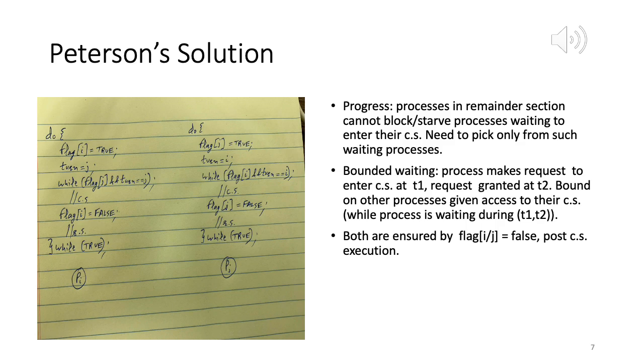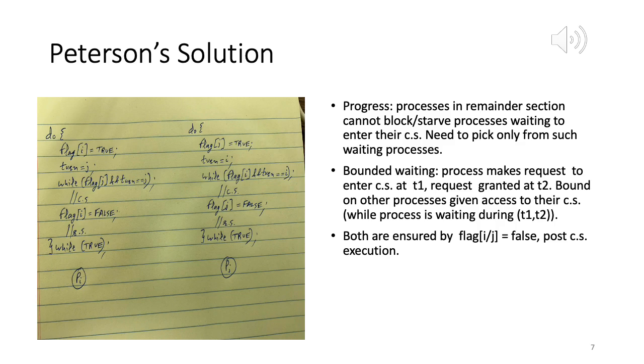Here we have only two processes. So what this condition amounts to is, if Pj is in its remainder section, it cannot block or starve Pi if Pi is waiting to enter its critical section.